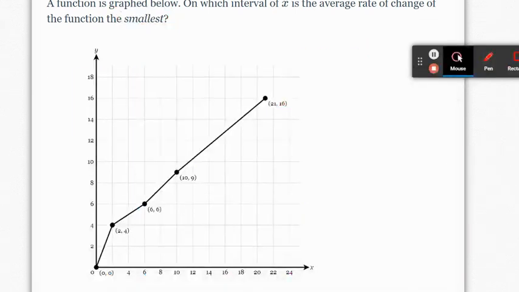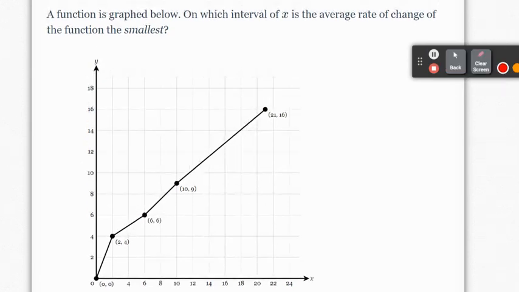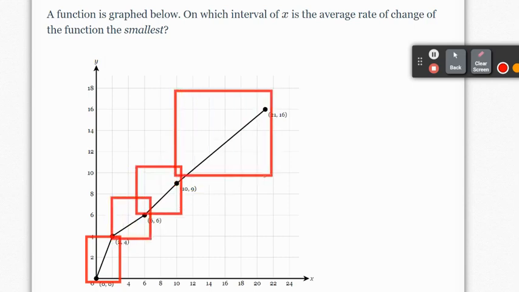When we're given a graph, it's all visual. And so it says which interval of x is the average rate of change of the function the smallest. Now, my assumption would be that the intervals that they're going to give us are going to be basically from this coordinate to this one, and then this one to this one, and then this one to this one. That's what naturally flows out of there, right?